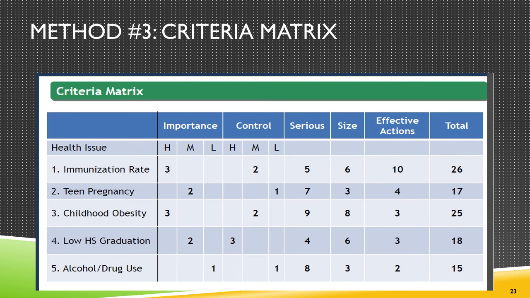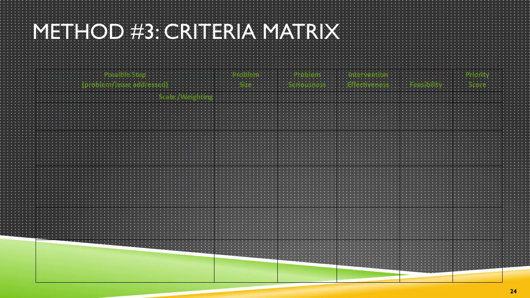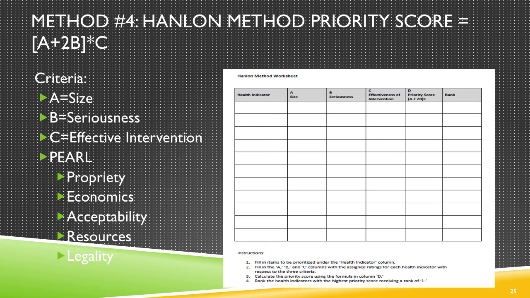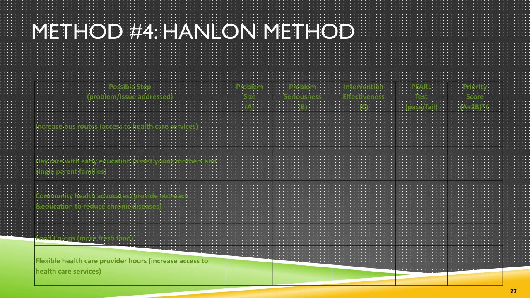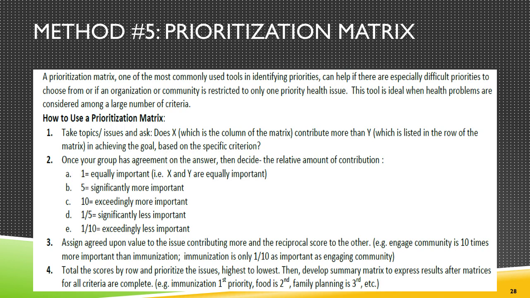Then we have a criteria matrix. And then one that you may have known of already, the Hanlon method, priority score. And we have a prioritization matrix.